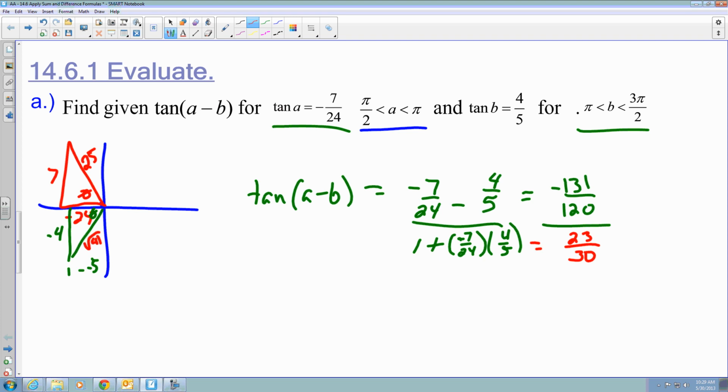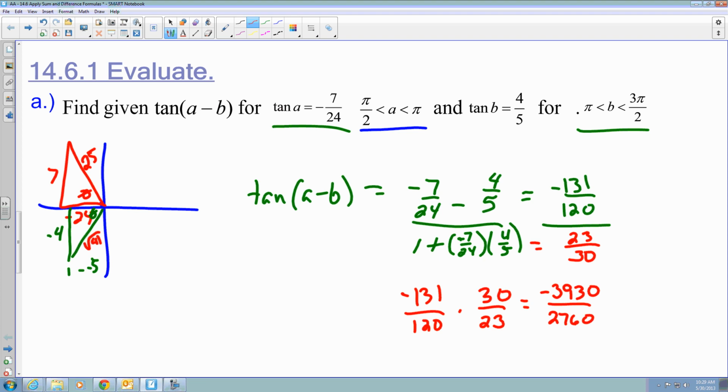So two fractions divided by, what I can do is take negative 131 over 120 and multiply it by its reciprocal, which is 30 over 23. So here I can take negative 131, multiply it by 30, which gives me negative 3930 on the top, divided by 120 multiplied by 23, which gives me 2760.